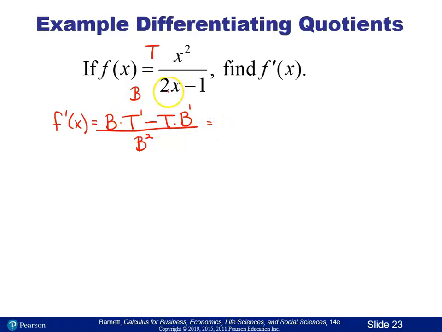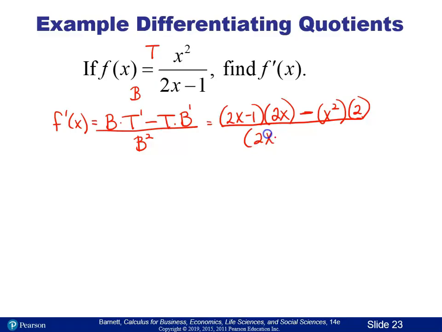The bottom is 2x minus 1. So we're going to have 2x minus 1 times the derivative of the top, which is 2x, always the subtraction sign. And then we're going to do the top, and we're going to follow that by the derivative of the bottom, which in this case is just 2. And then that's going to be over the denominator, or the bottom squared.